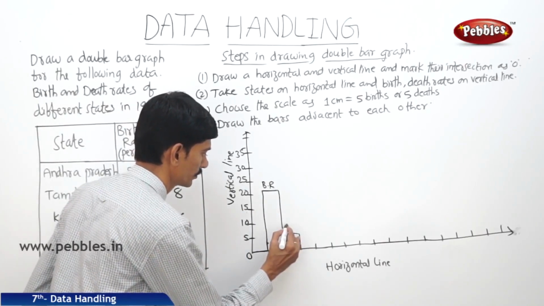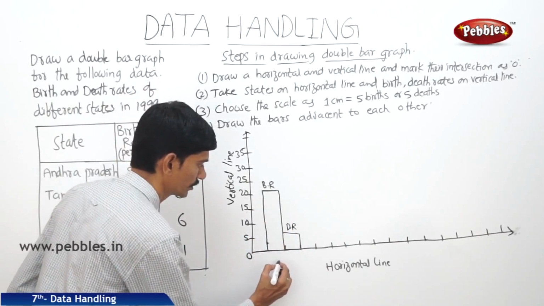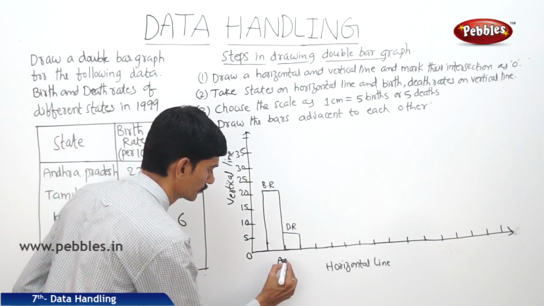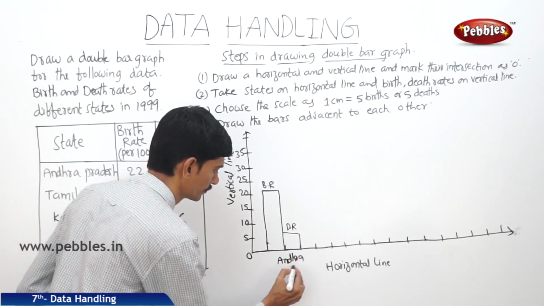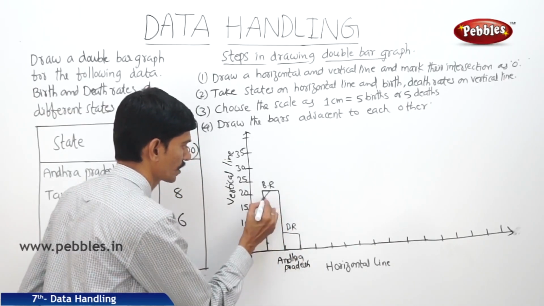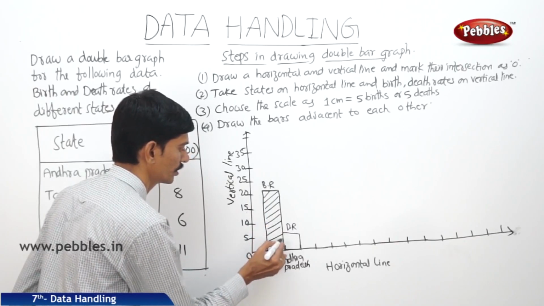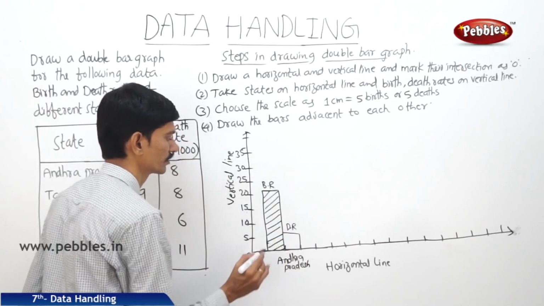So this is the death rate. Now this is the state Andhra Pradesh. Now the shaded bar represents the birth rate and the unshaded part represents the death rate.